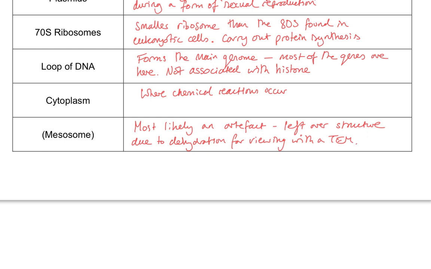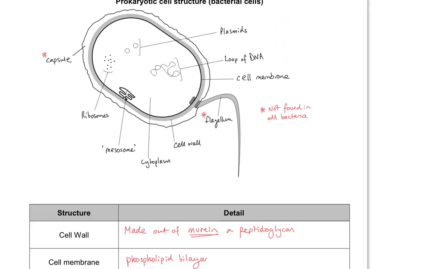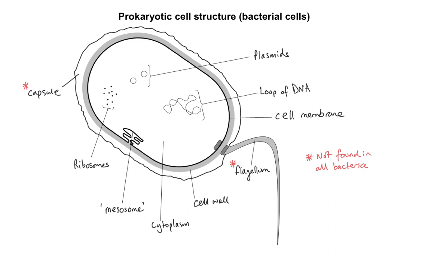It's not on the syllabus anyway, so it doesn't say you need to know what a mesosome is. But again, the question they could ask you, they could give you the information, say it's a mesosome, and then ask you why it's likely to be an artifact. Remember, bacteria are tiny. You wouldn't even really see them with a light microscope in school.